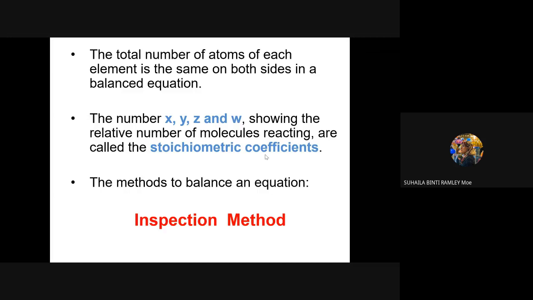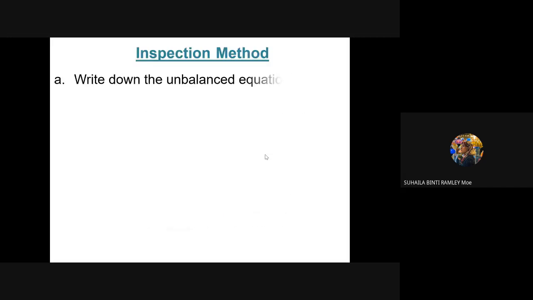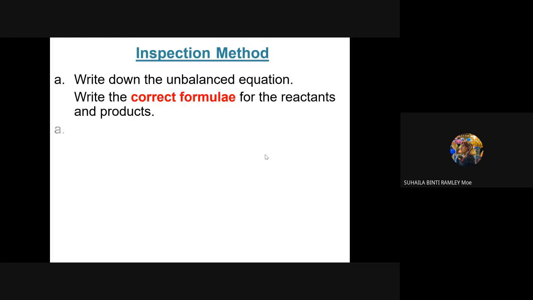So kita akan start untuk balance equation using this method we call inspection method. First step, write down the unbalanced equation. Masa write down the equation, mesti tulis the correct formula. For example, kalau copper sulfate, mesti tahu apa formula dia, ammonia.